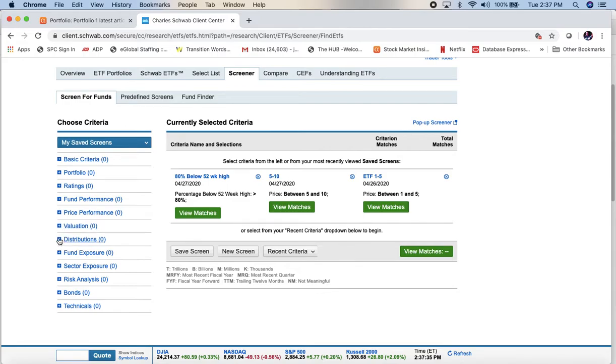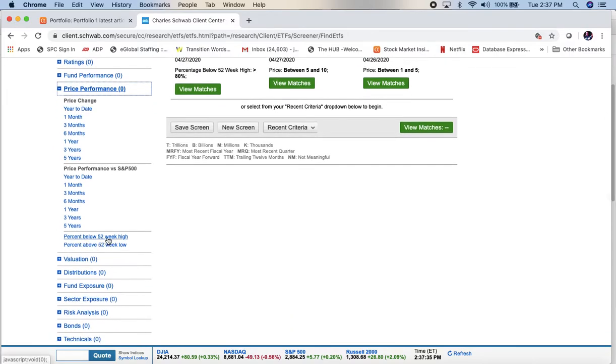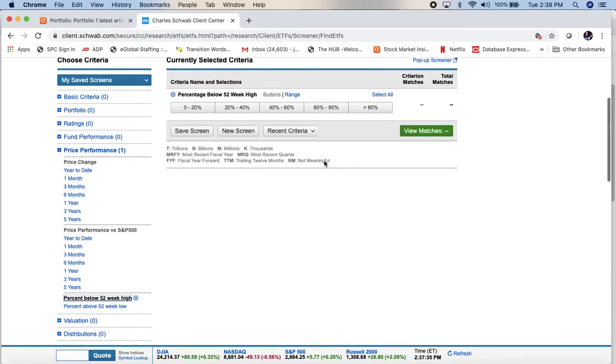What I've used here is under the price performance, and they have the 52-week high and low. So I used the percentage below the 52-week high, and I can click on that, and as you see, they have some different things already set up, so you really don't have to do a lot if you don't want to.